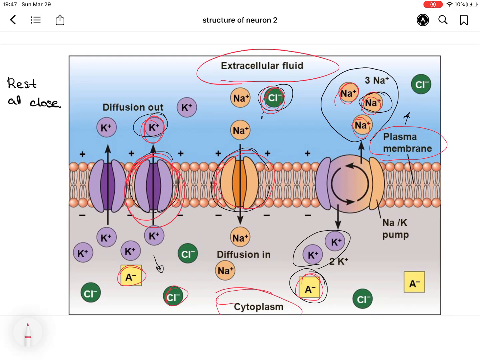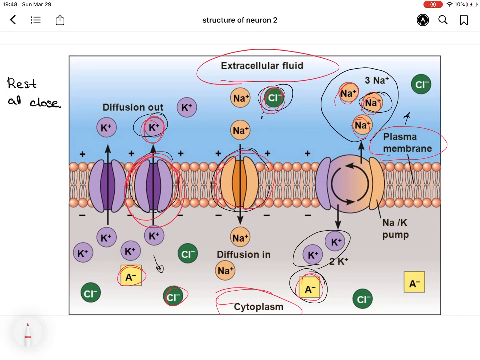Outside the cell, we have more positively charged ions like sodium. The chlorides are located inside.